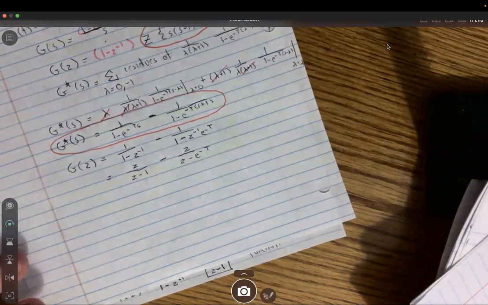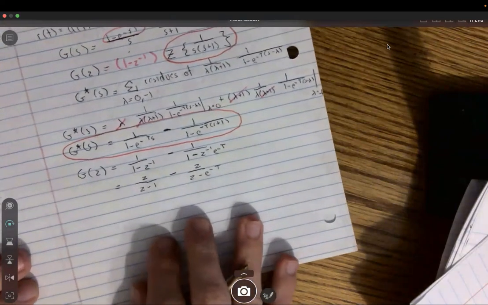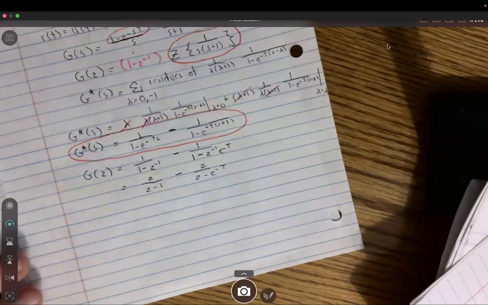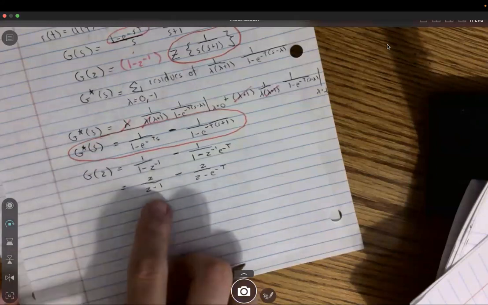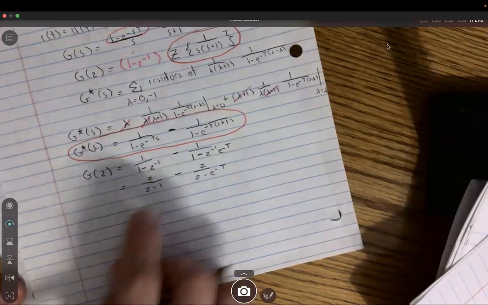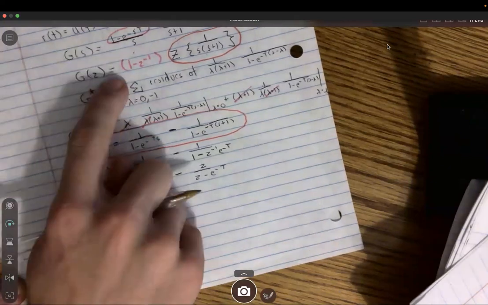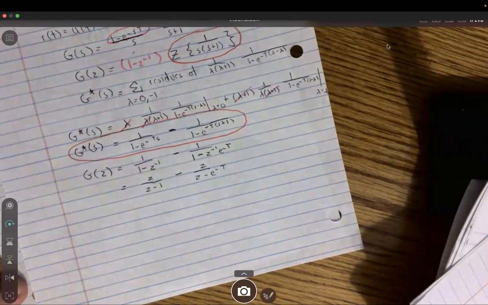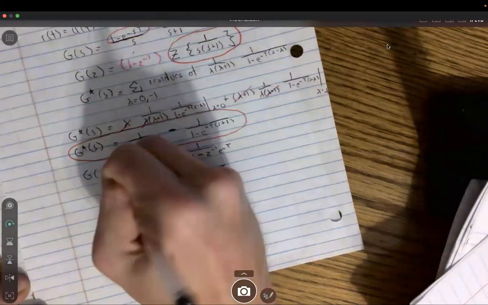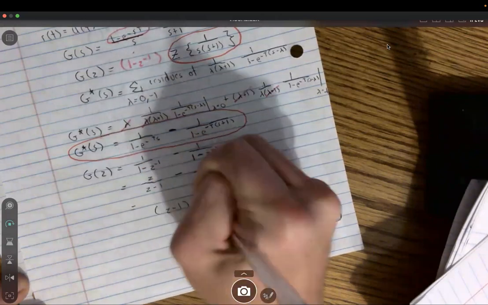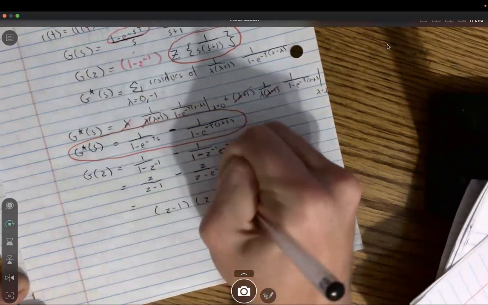Now what I'm going to do is find this in terms of a common denominator, because we're finding our G(z) here, which is going to multiply by both. So z minus 1 times z minus e to the negative t.